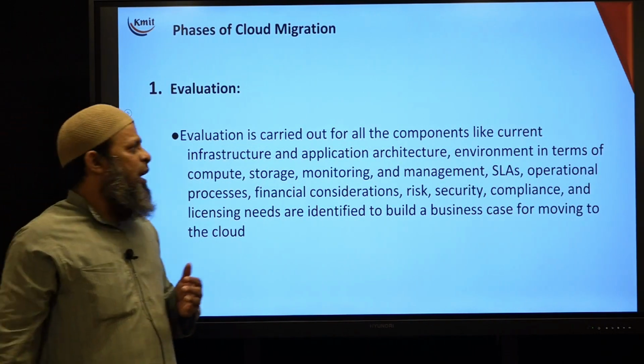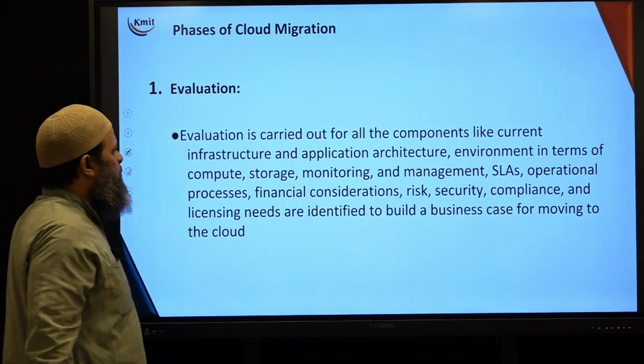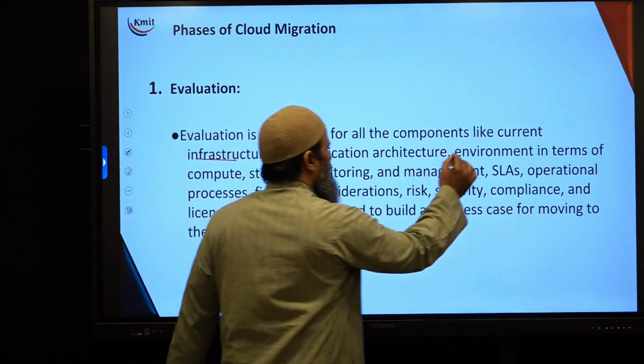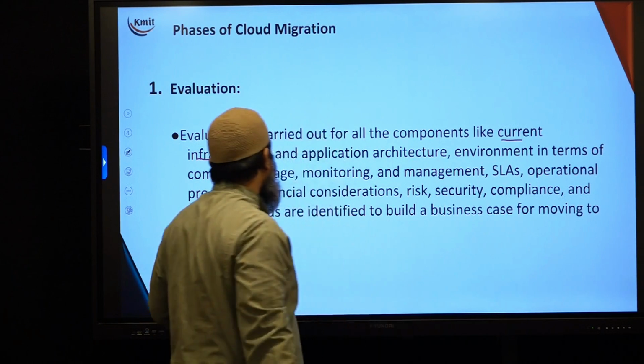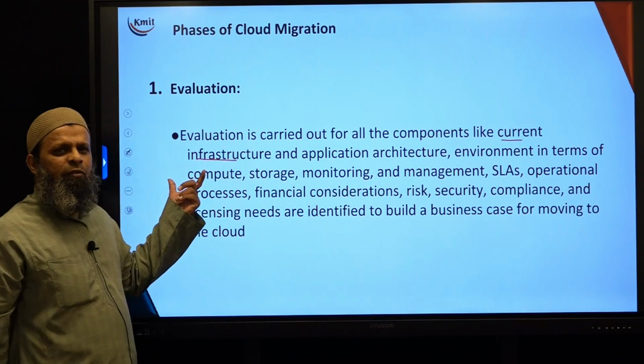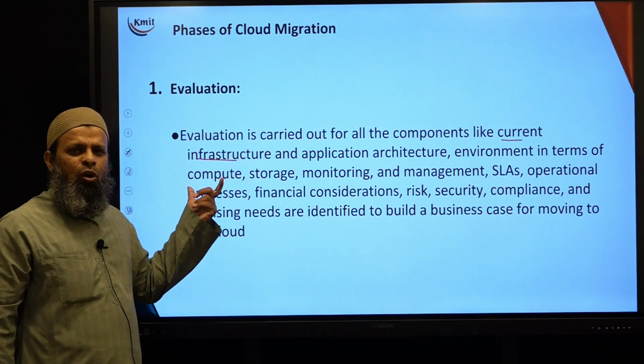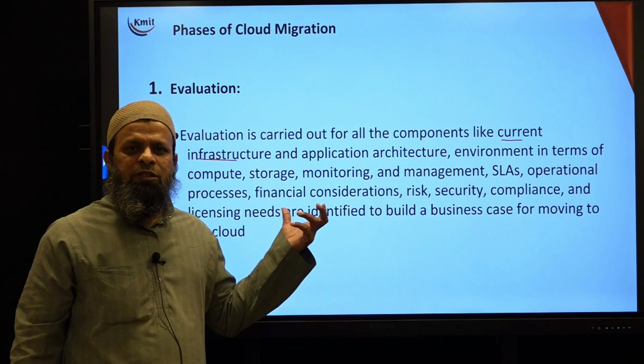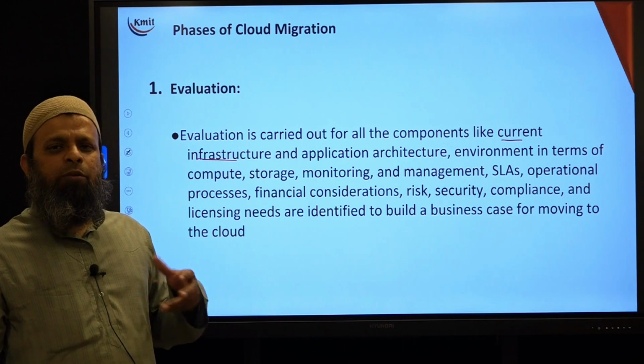First phase is evaluation. What is going to be evaluated? Current infrastructure: whether the infrastructure provided in the organization in which we are working is sufficient or not. If it is not sufficient, do we need to buy more servers or machines? If you are buying the machines, what will be the cost?